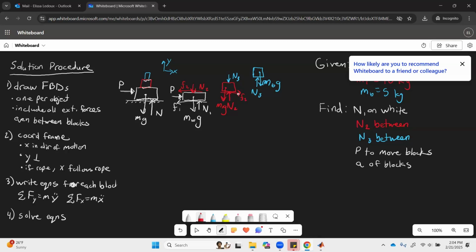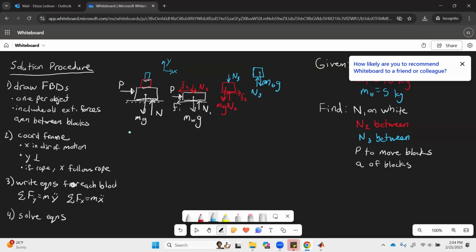And so that's why we have that F2 going to the right. And we know that the blue block is not going to move off of the red block because there are no sideways forces between the blue and the red. So we shouldn't really need to bother with any friction on there because the blue and the red block are going to have to move as a single unit.